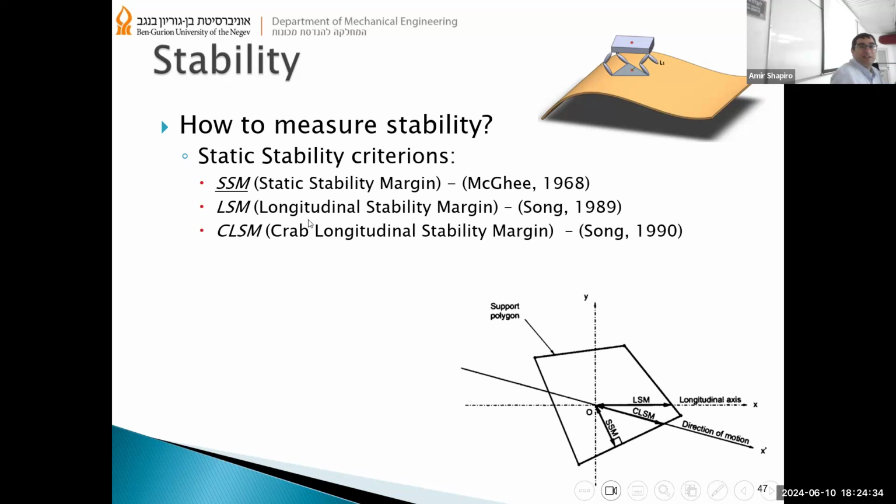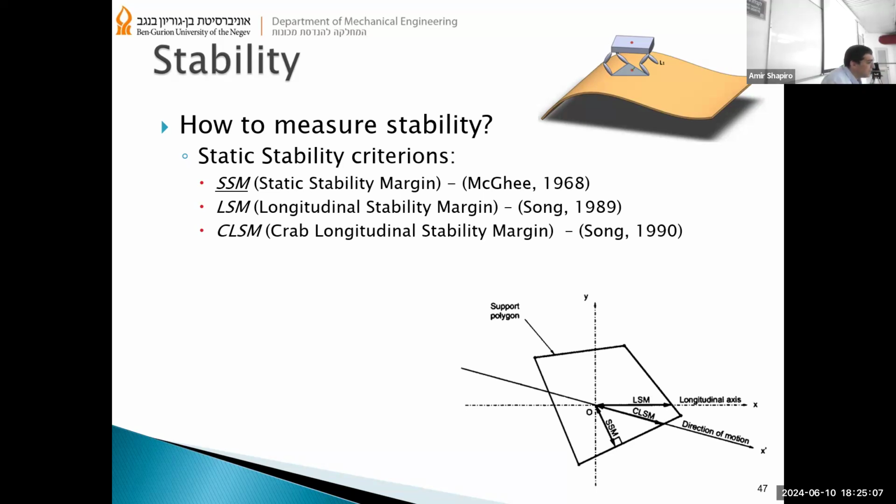And there is the longitudinal stability margin. It means the distance of the center of mass from the support polygon boundary in the direction of motion. And also CLSM is the crab longitudinal stability margin. It's in some certain direction. What are we measuring?